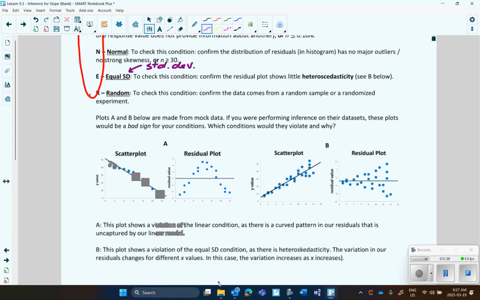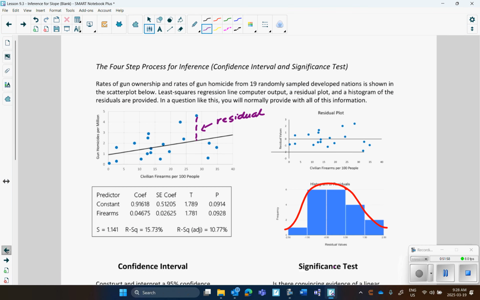It means the variation increases at certain values of x. Notice what happens here. The variation is pretty low, but as x gets higher and higher, the variation starts to increase. This violates the condition. It has to be pretty uniform in order to meet that condition. So if we go back to the residual plot, it starts to widen a little bit, but not very much. It's fairly uniform. So we can say that condition is met.